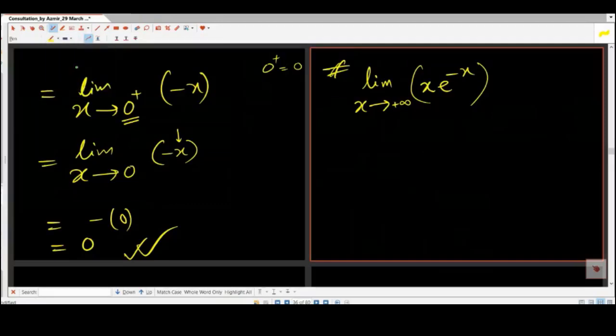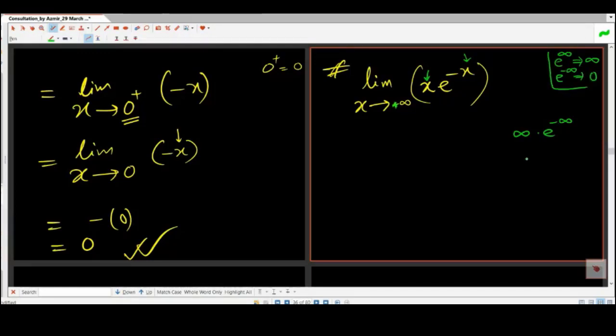First, we have to understand the type. So here we have x, that means infinity times e to the negative infinity. So we know e to the infinity is infinity, e to the negative infinity is 0. So that means infinity times 0.